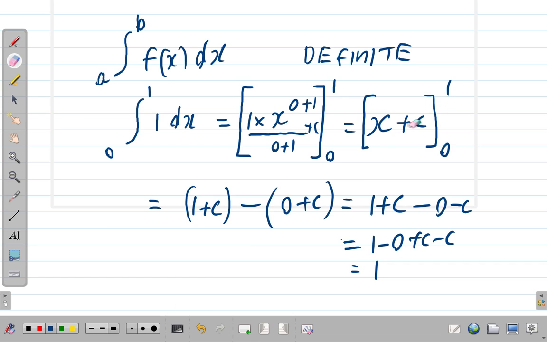In fact, you shouldn't even bother to put it, because you will end up with two c's that subtract each other. So all you're left with in the bracket is x. You don't need the constants of integration, because you'll have two of them and they will subtract. So let's erase them from here. So it's 1 minus 0, which is 1. All right? So the integral from 0 to 1 of 1 is 1.